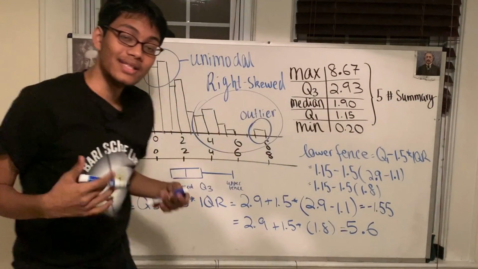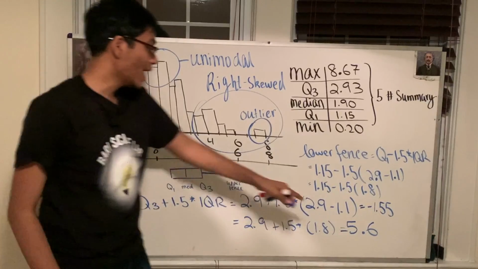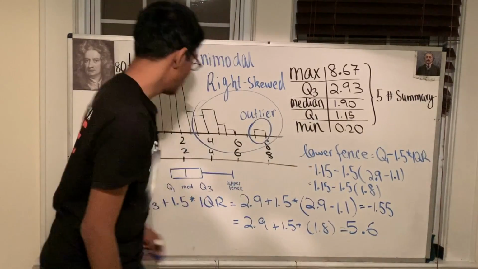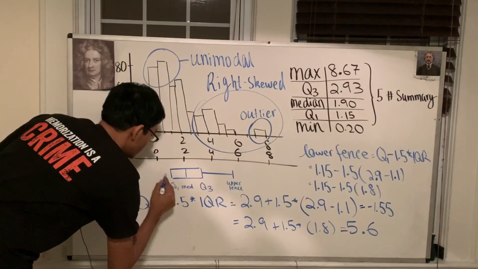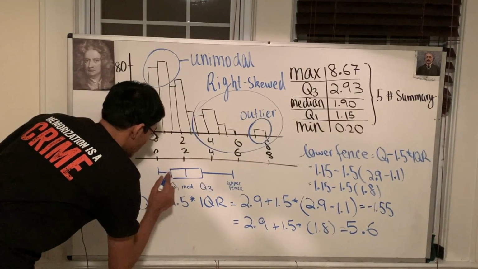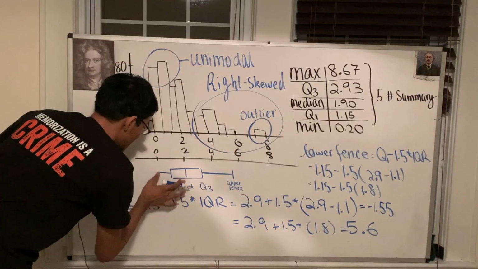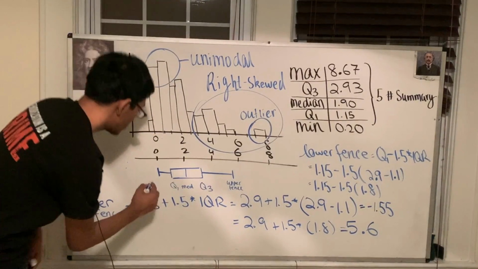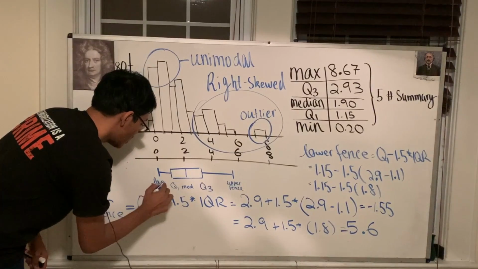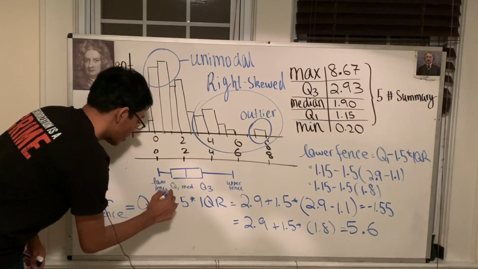Now you have to think, does that make sense? Can you have a negative wind speed? No. So just set your lower fence to 0, because it doesn't make sense to have a negative wind speed, so set it to the smallest value it can be, which is 0.